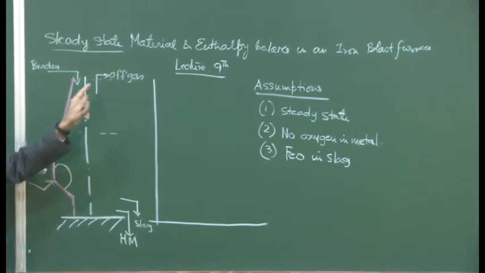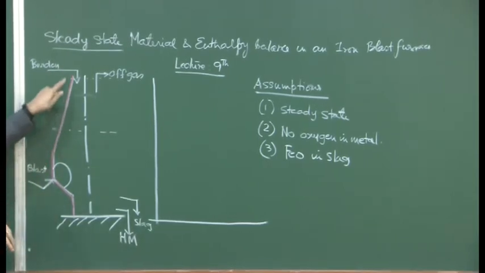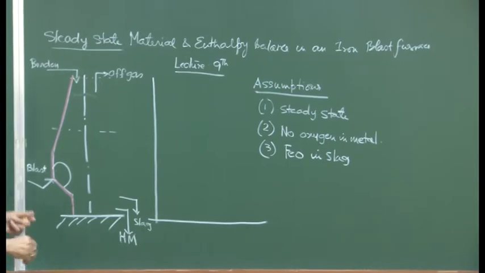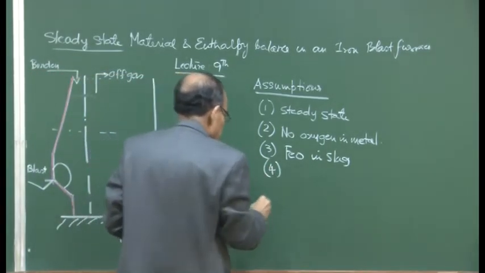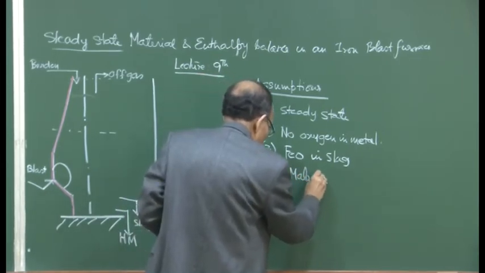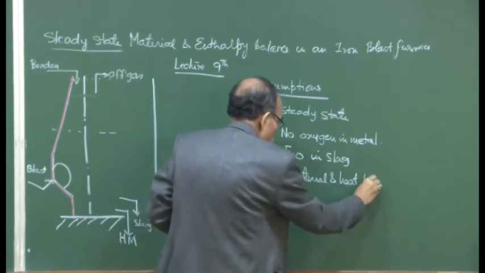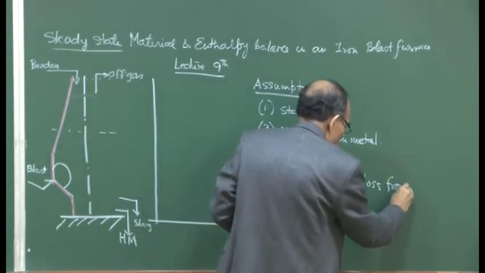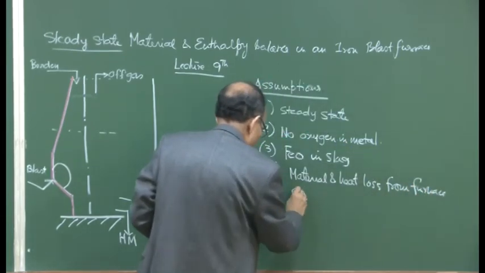So, the material loss due to dust and heat loss due to the radiation of heat from the outer wall of the blast furnace are ignored for the time being. Material and heat loss from furnace are ignored.